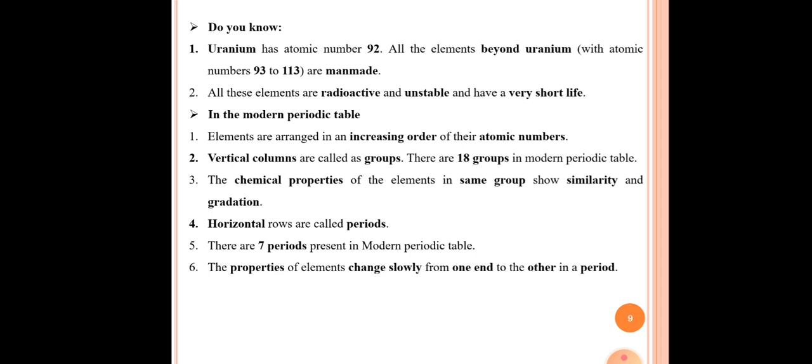The sixth point is, the properties of elements change slowly from one end to the other end in a period. We covered this in the last slide: in a period, while going from left to right, the properties show gradation or similarities as well as differences.